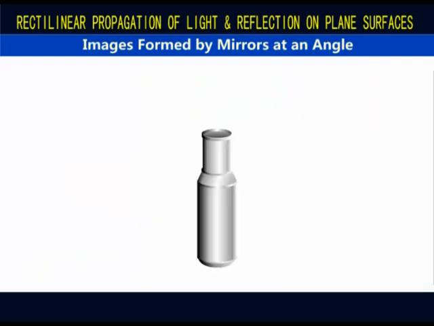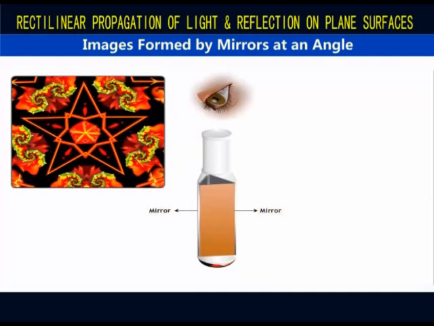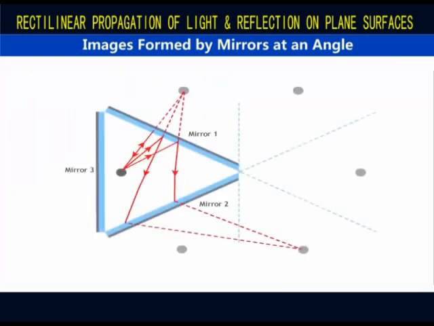Now, images formed by mirrors at an angle. Have you ever wondered how images are formed in a kaleidoscope? A kaleidoscope uses 3 mirrors placed at an angle to produce multiple images. When mirrors are placed at an angle, the reflected ray from the first mirror is incident to the second mirror.